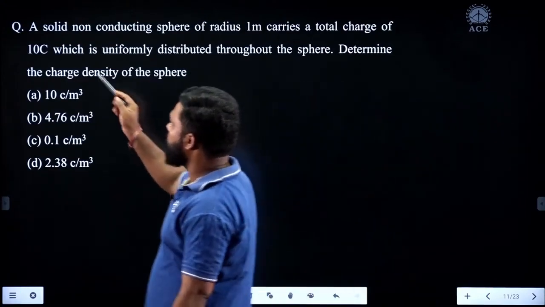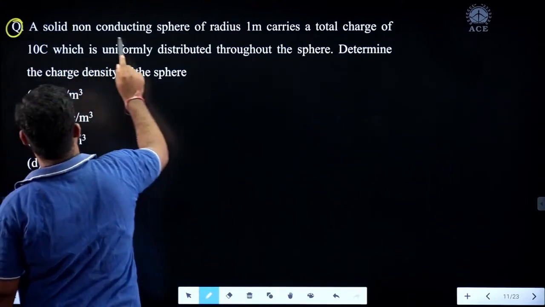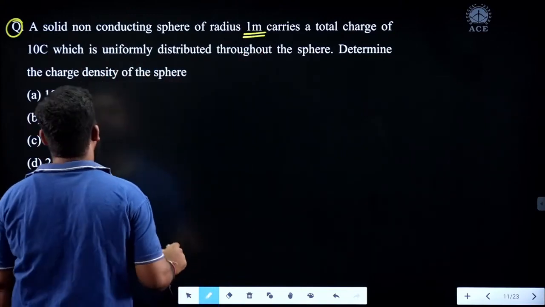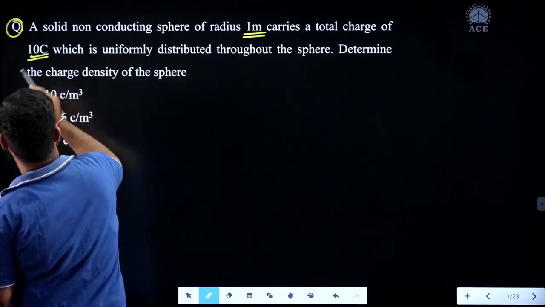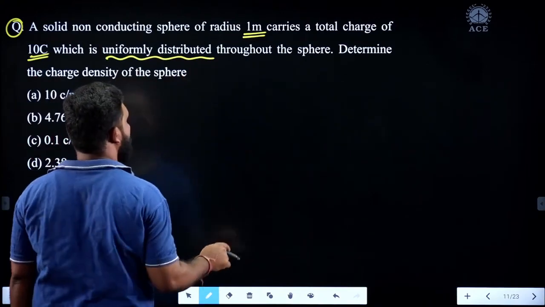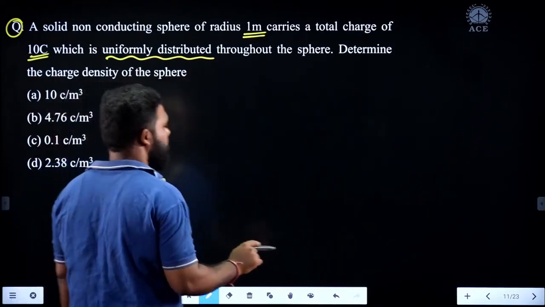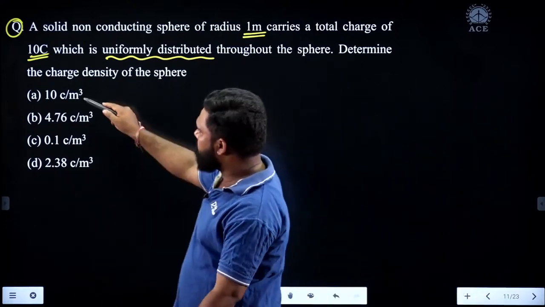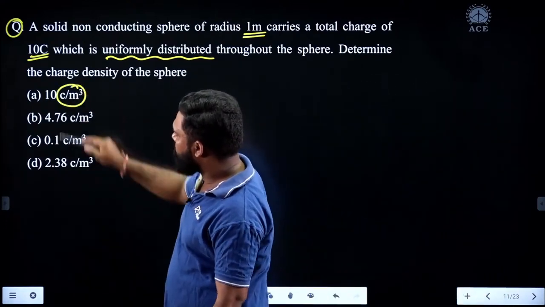A solid non-conducting sphere of radius 1 meter carries a total charge of 10 coulombs, which is uniformly distributed throughout the sphere. Determine the charge density of the sphere. It is asking charge density. You can look at the options here. Options are having coulomb per meter cube.